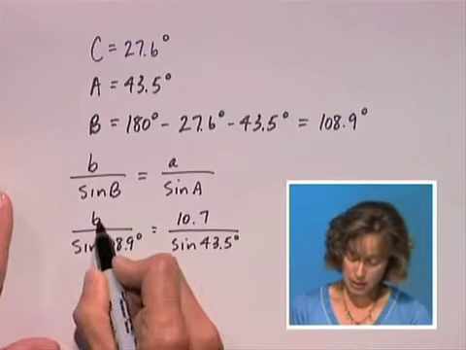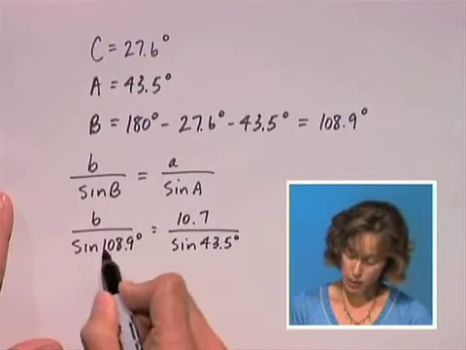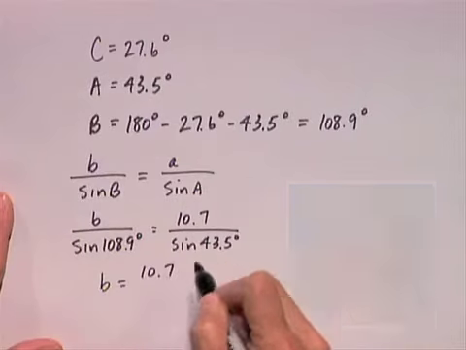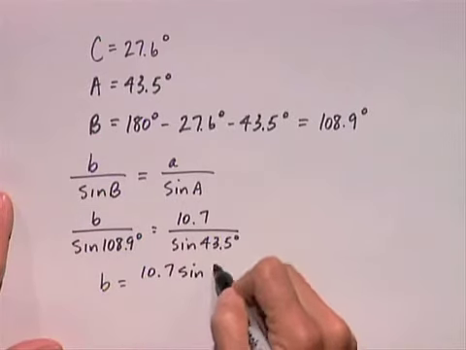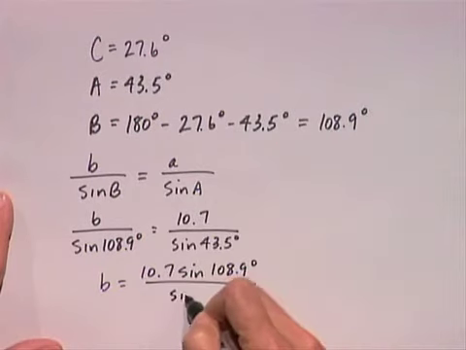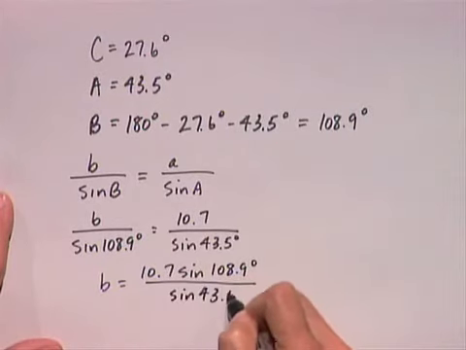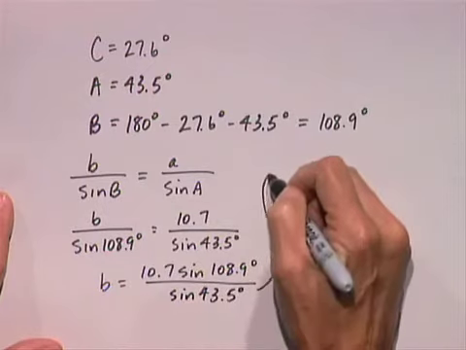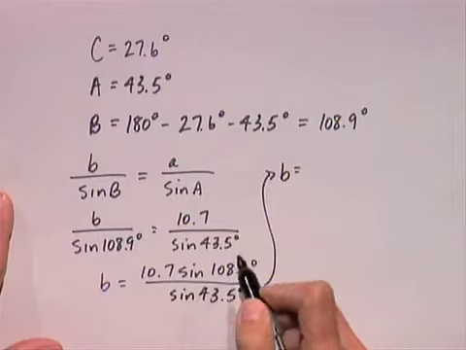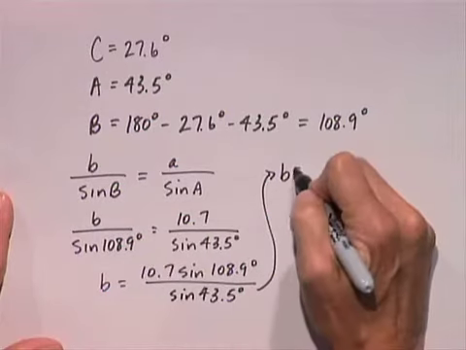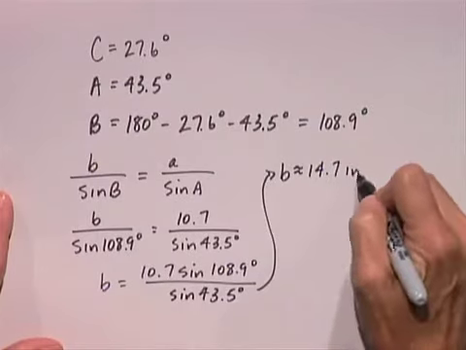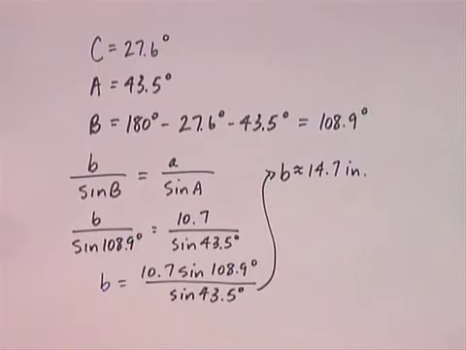To isolate side B, multiply by sine 108.9. Side B can be found by taking 10.7 times sine 108.9 degrees and dividing that by the sine of 43.5 degrees. And with the help of a calculator, in degree mode, we can find that side B is approximately 14.7 and our units are inches.